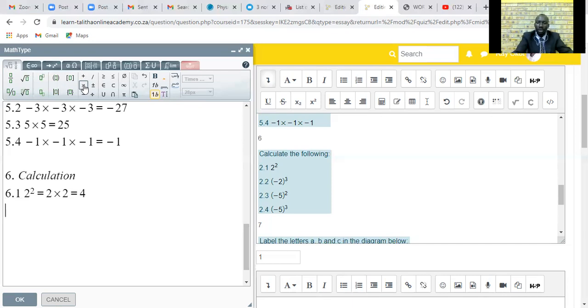Then the next question, which is 6.2, is having this question which is inside the bracket, and it also has got what? It has got exponent. Exponent of what? Of 3. The number inside the bracket is -2. So how do we handle this question? To handle this question, that means we have to multiply -2 times another -2 in its own bracket.